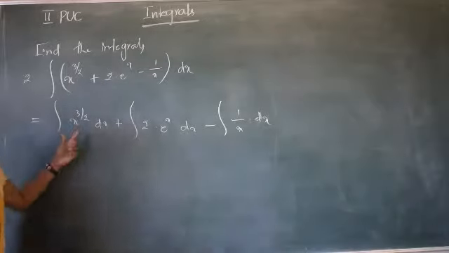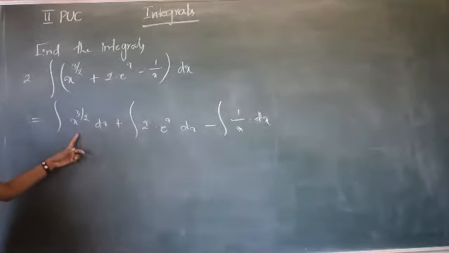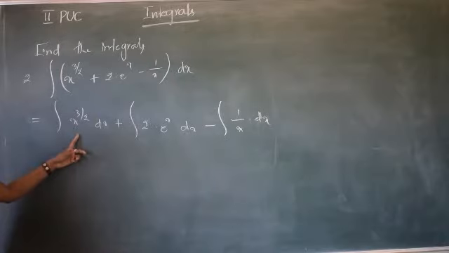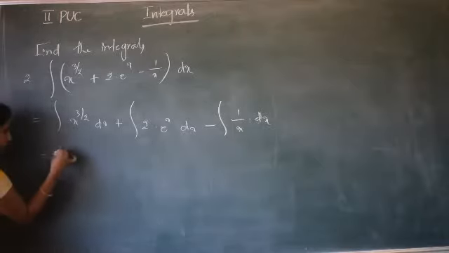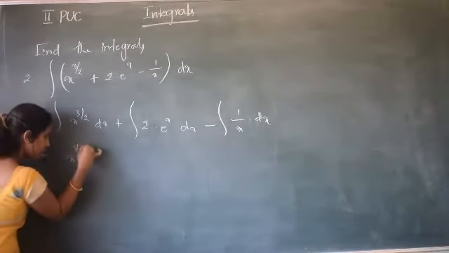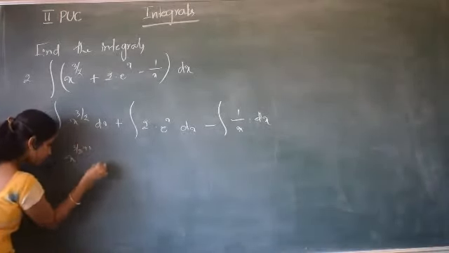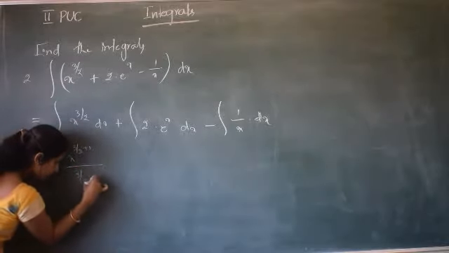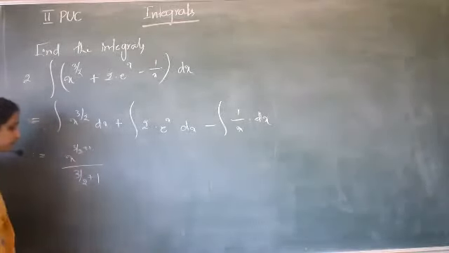So this is in the form of x power n. The integral of x power n is x to the power n plus 1 divided by n plus 1. So this is equal to x to the power 3 by 2 plus 1 divided by 3 by 2 plus 1.